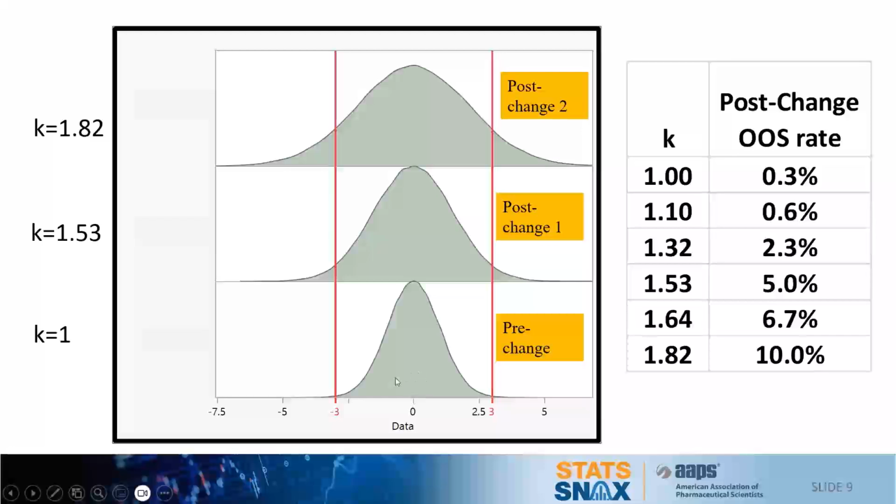So 3 sigma specifications would be -3 on the left and +3 on the right. The population that I show above it is a population that has the same mean, centered at 0, but I've increased the standard deviation from 1 to 1.53. In other words, the ratio is 1.53 to 1, so the value of K is 1.53.